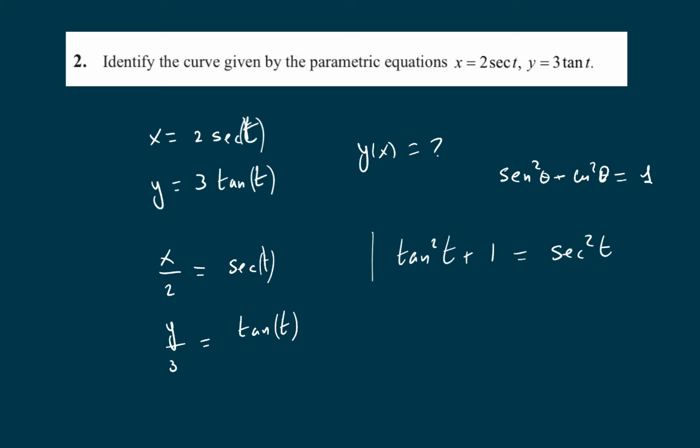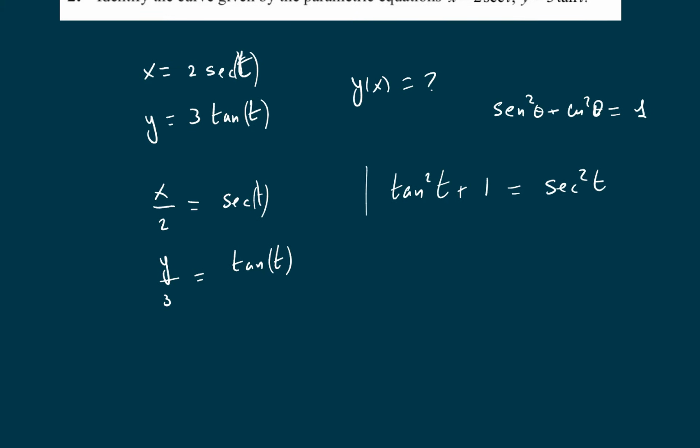Okay, so let's substitute into this equation. Tangent squared of t will be y squared divided by 9, and secant squared of t will be x squared divided by 4.